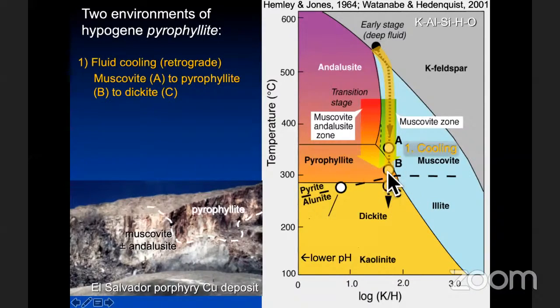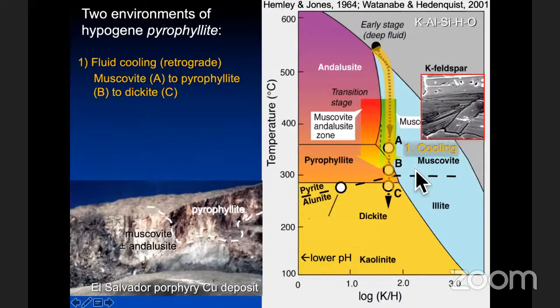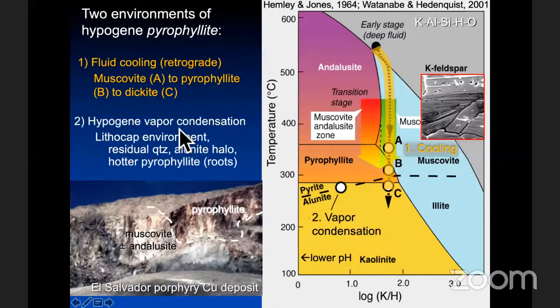It can be seen here, where you see muscovite in a clear color in the SEM image, a backscattered electron image, replaced and overprinted by pyrophyllite as the reaction goes ahead. Now, this environment has a slightly lower, less acid pH than this other environment, the hypogene vapor condensation, which is the one we'll look at next.